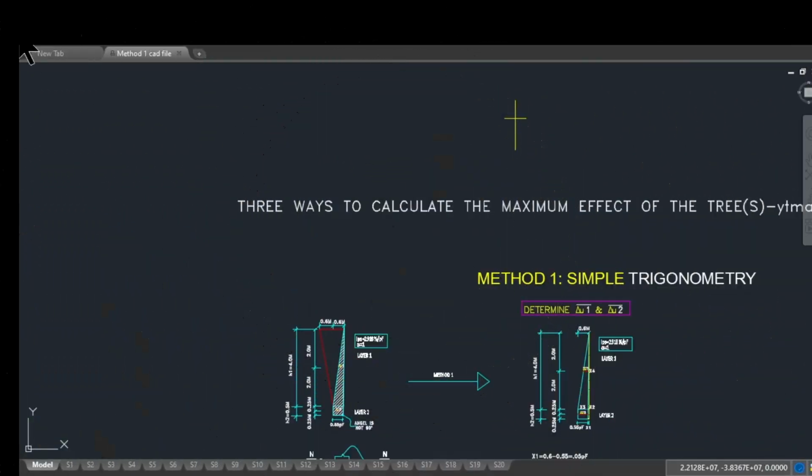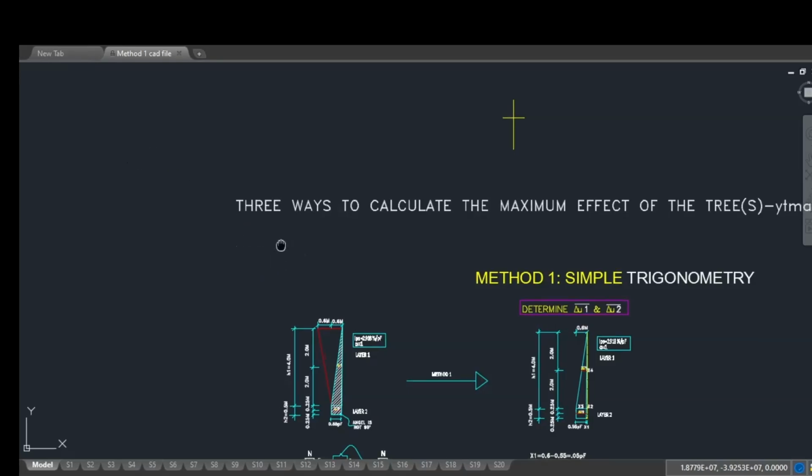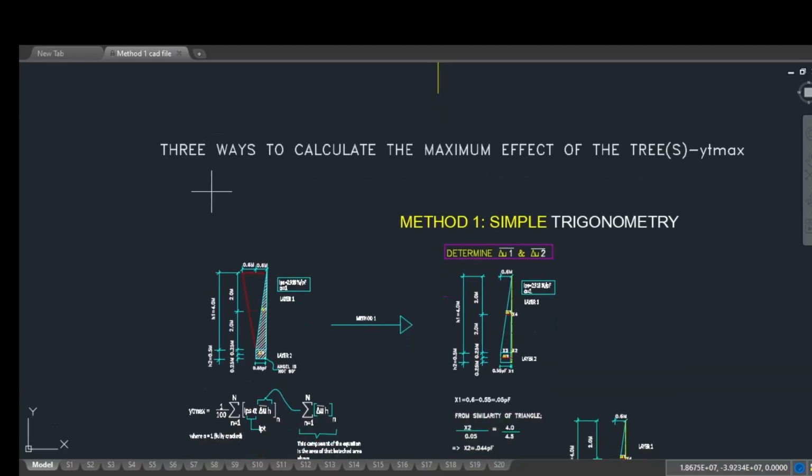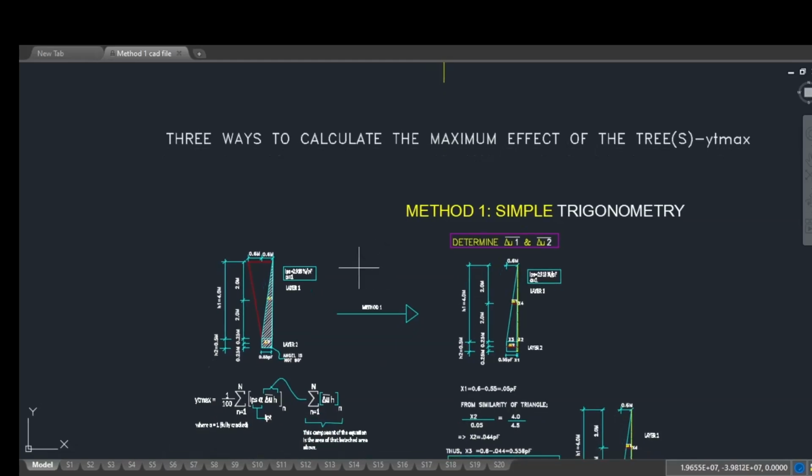Welcome back, and in this short series we will discuss 3 methods to calculate the maximum effect of the tree's ytmax from this tree suction induced profile.